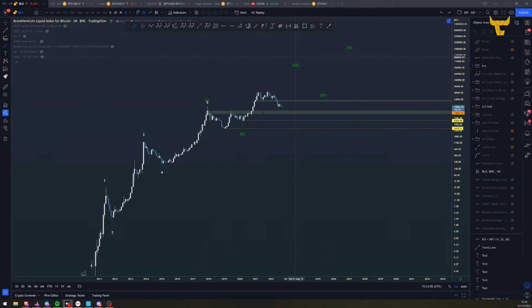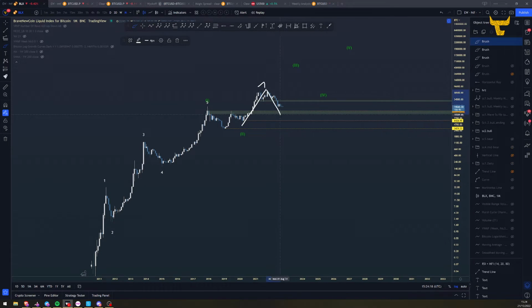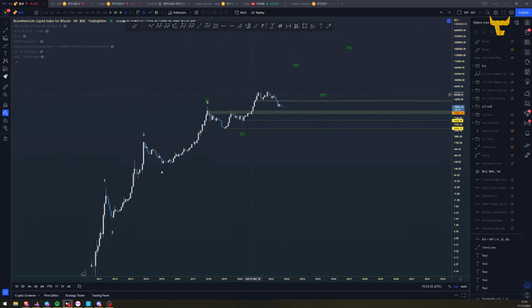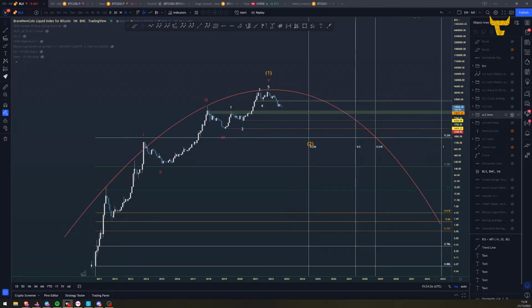But it does make sense as we are just going down here and we don't really have anything that looks like a wave 3. It could make sense should we indeed have a count like a 1 here, a 2, and go into a big 3, 4, 5. And that would give a potentially crazy high target.